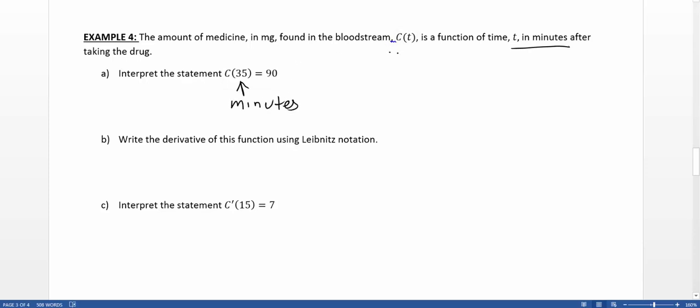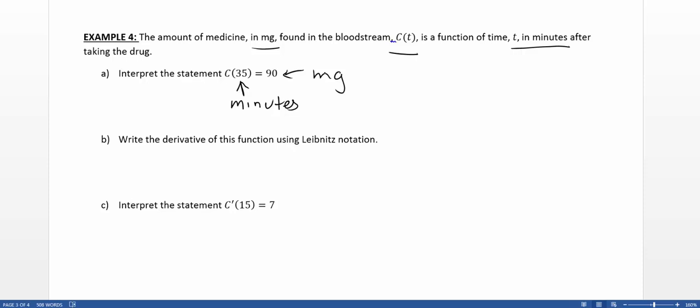And C of t is in milligrams. So this 90 is in milligrams. So I would interpret this statement as 35 minutes after taking some medicine, 90 milligrams of that medicine can be found in the bloodstream. So again, the 35 needs to go with minutes and the 90 needs to go with milligrams.